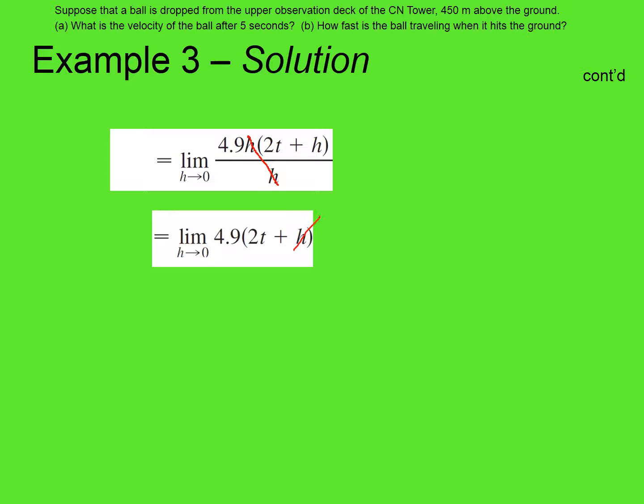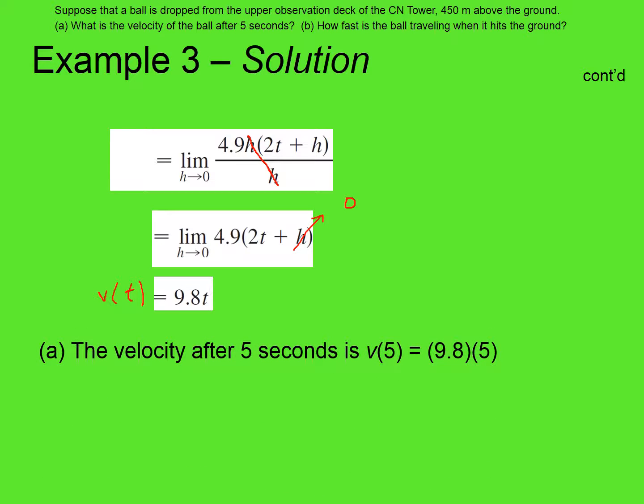That's going to take that thing and let it go to 0. And so then h will be completely out of the expression, and we will be multiplying the 4.9 by the 2t and getting 9.8t. That is the velocity at time t, which is the derivative of the position function.